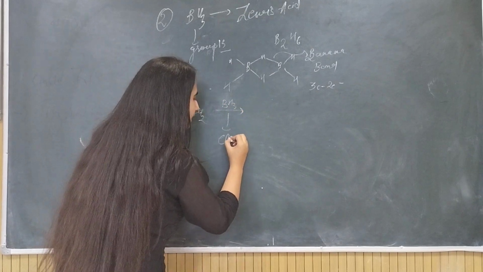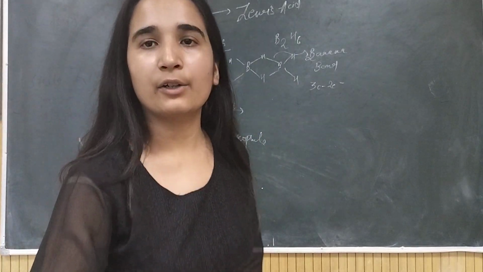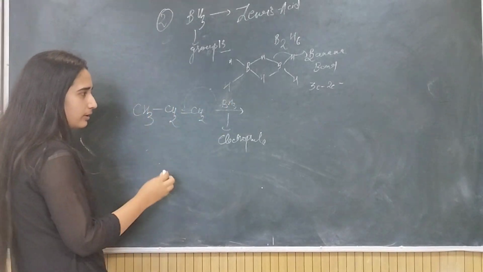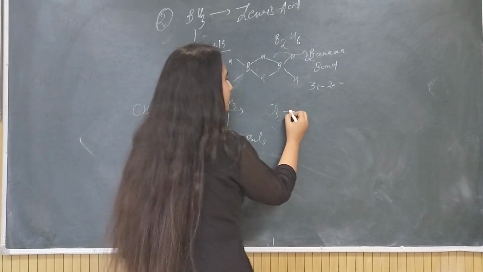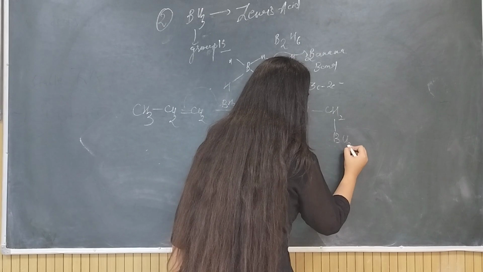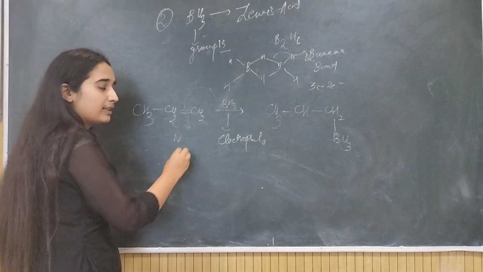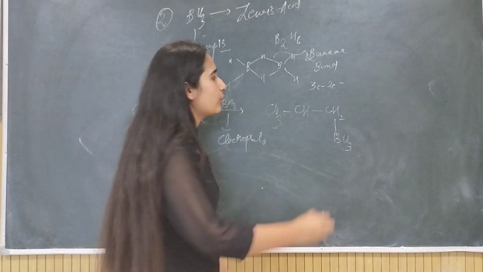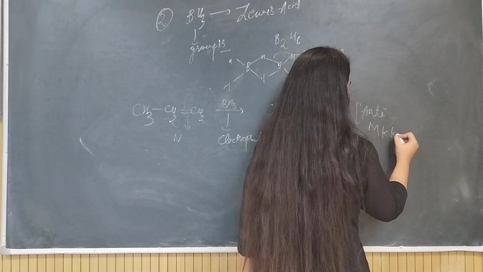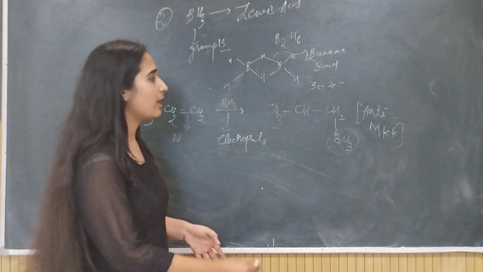When we add it on alkene, it acts as an electrophile, and electrophiles are electron deficient species. Now this alkene attacks on boron and forms a complex. So what happened here is that the alkene is nucleophilic in nature, so it follows anti-Markovnikov's rule, and BH3 adds on the carbon which contains more number of hydrogen.